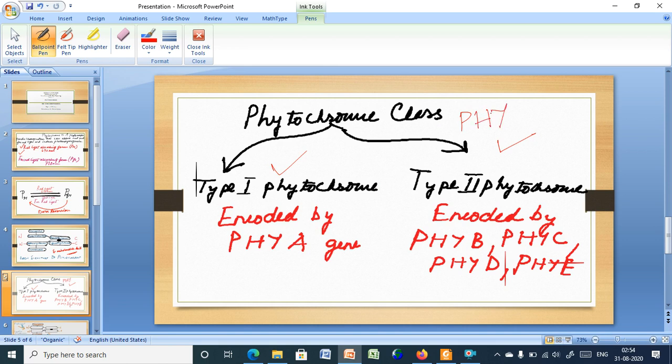If we consider the type 1 phytochrome, it is completely encoded by the PHYA gene. And the type 2 phytochromes are encoded by PHYB, PHYC, PHYD, and PHYE genes.